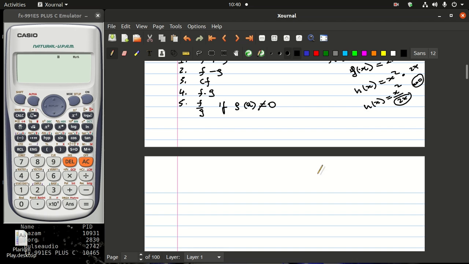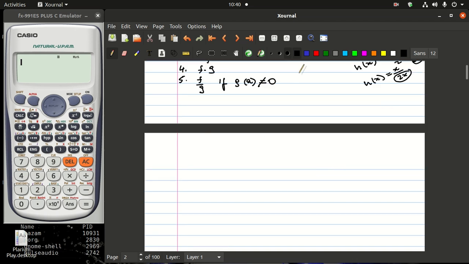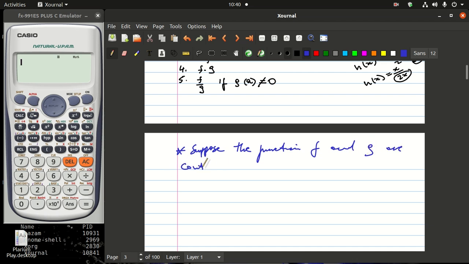So let me try and see if I can give you an overview of this. Suppose that the functions f and g are continuous at x is equal to, I'm just going to say at x is equal to a here.